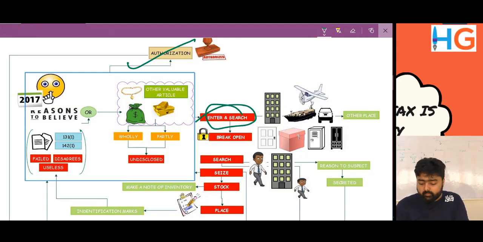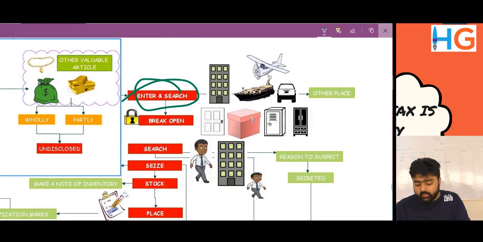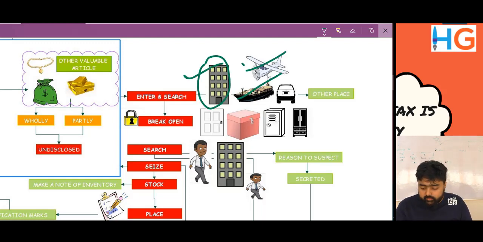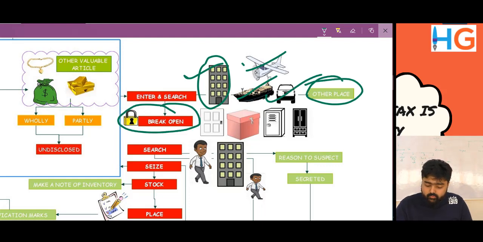So what are his powers? Now we'll see that. He may enter and search any building. These images will help you recall, and if you have to write any answer in the exam, these images will help you recall. He may enter and search buildings, aircraft, ships, cars, and other places. He may break open. If a safe or any lock is locked and there is no key, he may break open the door or a safe box.